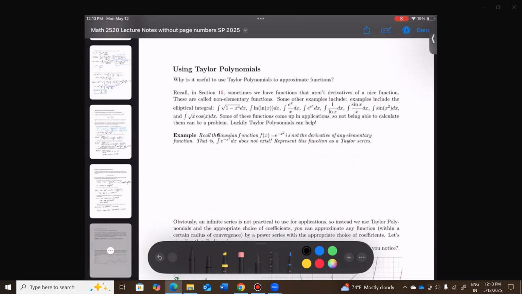Alright, so let's look at f of x equaling e to the negative x squared. The integral of e to the negative x squared does not exist. So to actually find a summation here, we're going to represent this as a Taylor series.